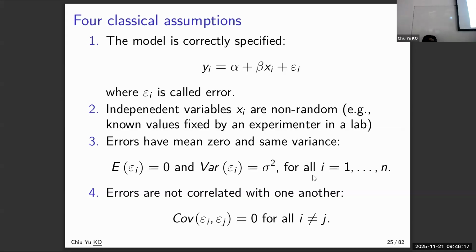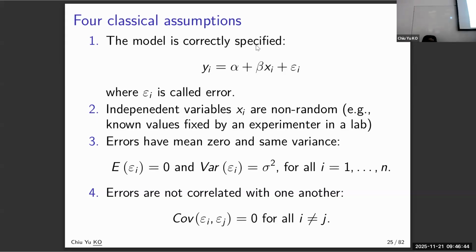And to recognize this, we use this kind of model where x and y are related through the alpha and beta parameters, but there's something that is not captured in your model or not measured from the data, and they are referred to as error. Okay, error is things that are not captured in your model.